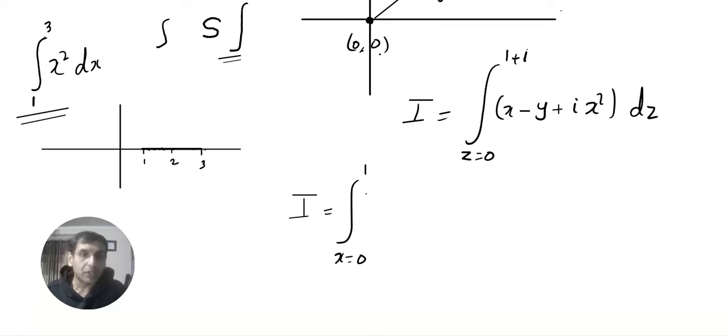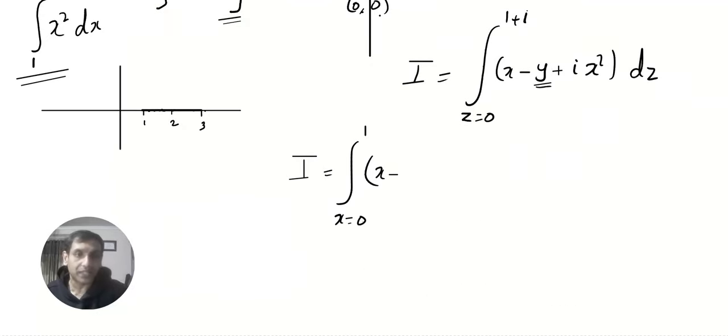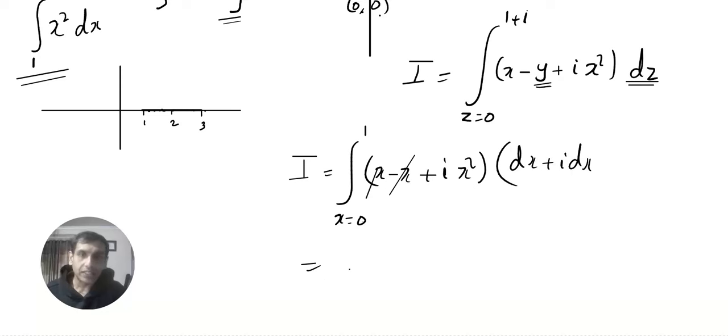Anyway, I am going for the first option, converting everything into x. So I use the limit of x, and wherever I see y, I'll convert it back into x using the path. The path I just evaluated, y equal to x, plus i into x squared, and this will become dx plus i dx, and this will come common. Cut.